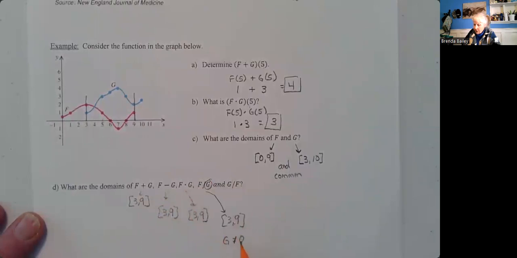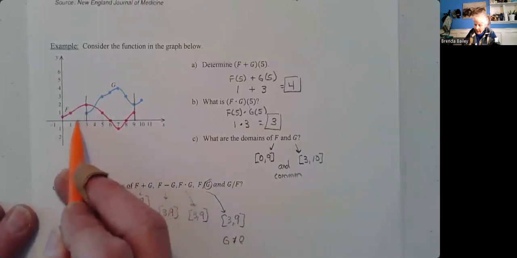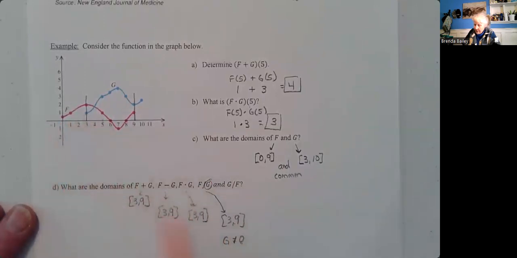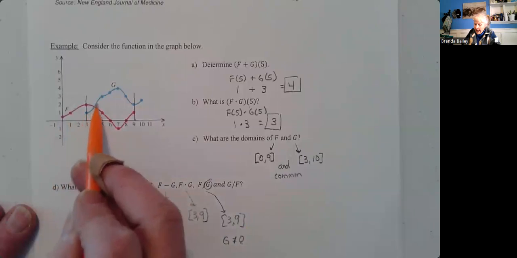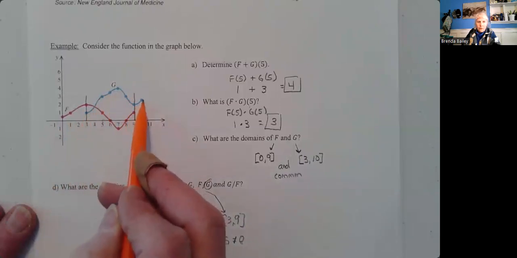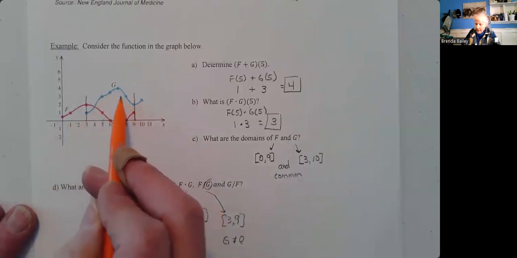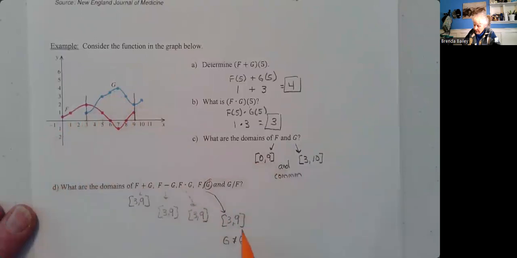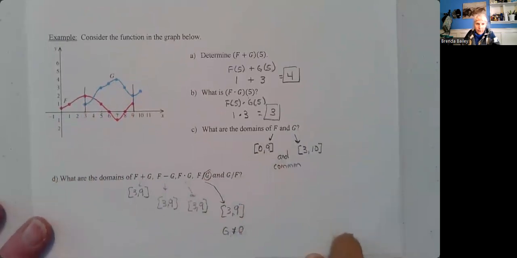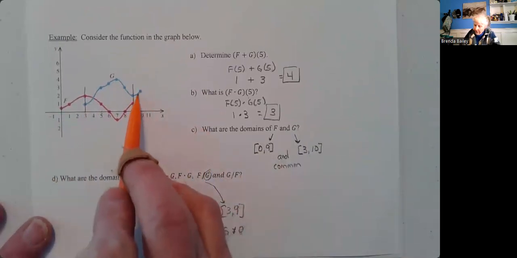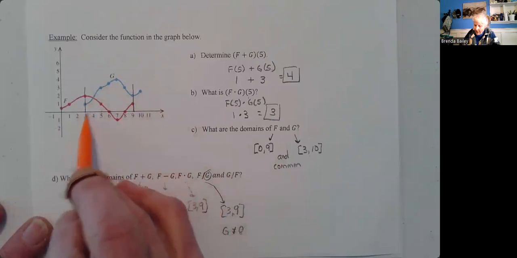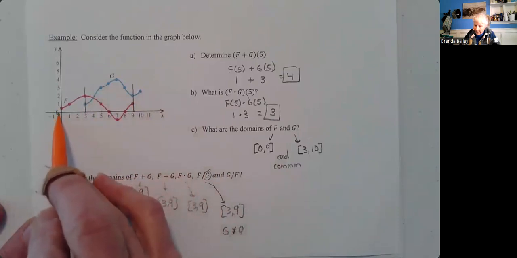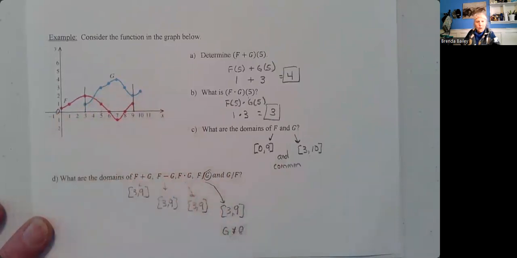When is the G function equal to 0? Well, that means it has a y value of 0. The G never has a y value of 0. So we don't have to add anything for F over G, because the G function never touches it. It's never equal to 0.